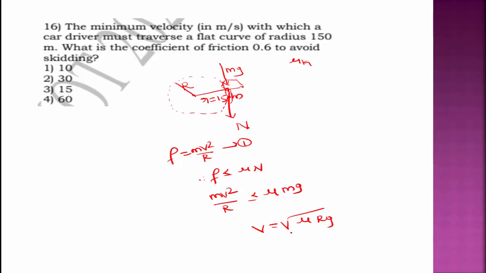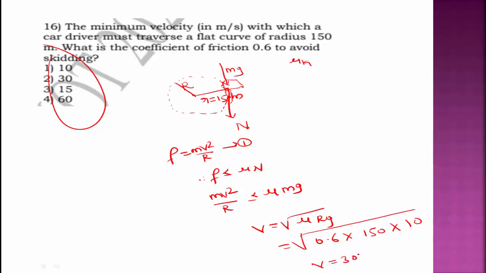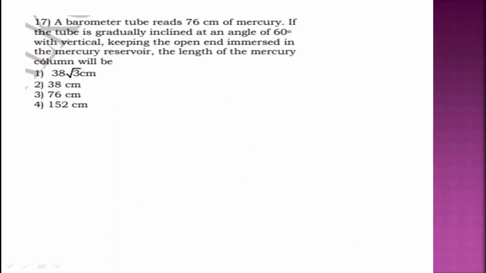Here the maximum permitted velocity V is root of mu r g. Now substitute the values. Mu is 0.6, r is 150, and acceleration due to gravity, there is no digit given, so I will take 10. 150 into 10, 1500 into 0.6, then we get V is equal to 30 meter per second. Option 2 is the right answer.